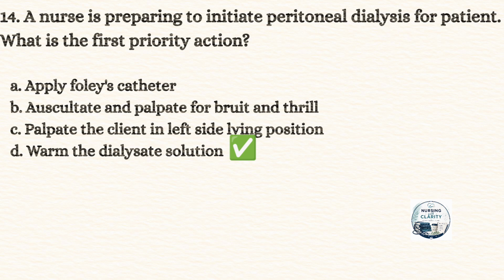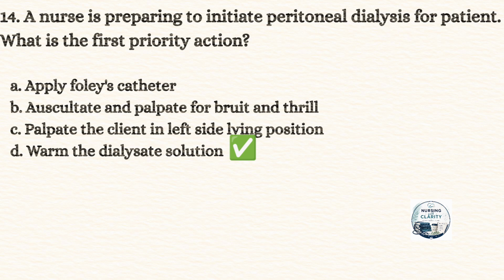Before starting peritoneal dialysis, the dialysate solution must be warmed to body temperature. This is essential to prevent abdominal cramping and discomfort, promote effective diffusion and osmosis, and avoid vasoconstriction of peritoneal vessels. Cold dialysate can cause pain, poor absorption, and even hypothermia in sensitive patients.